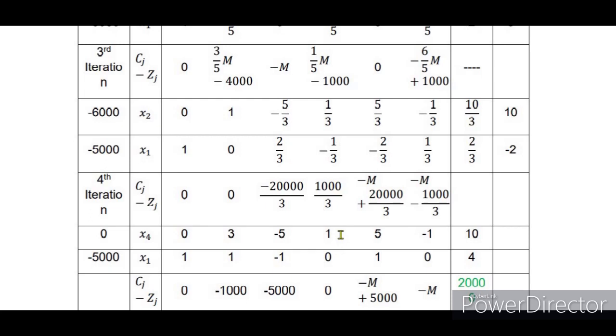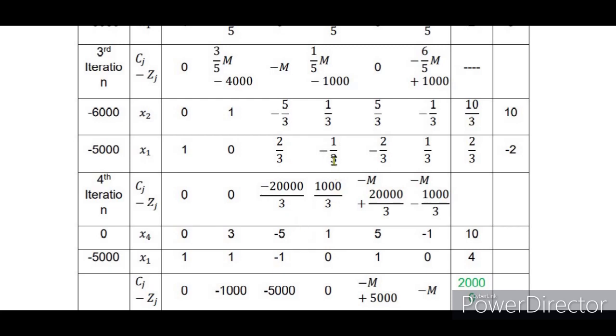Why? Look at the column of x sub 4. The element in the row of x sub 1 should be 0. So when we multiply negative 1/3 by the value of x sub 4, which is 1, 1 times negative 1/3 is equal to negative 1/3. We use it to subtract from the previous value of the row x sub 1, which is negative 1/3.